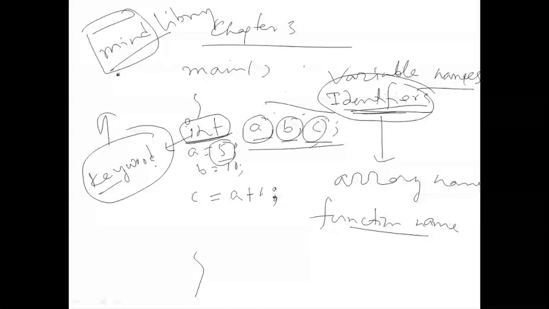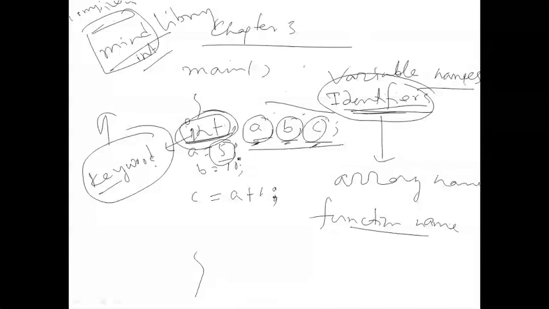The definitions of those words are there, so when you write int in your program, that means you are going to create variables of type integer. The meaning of int is there in the compiler's mind, so we call those words reserved words or keywords.